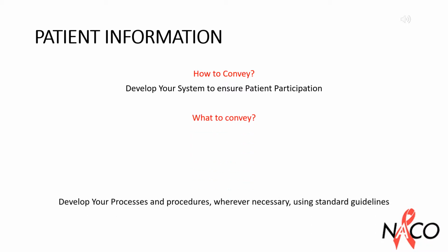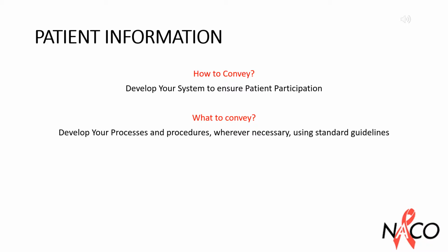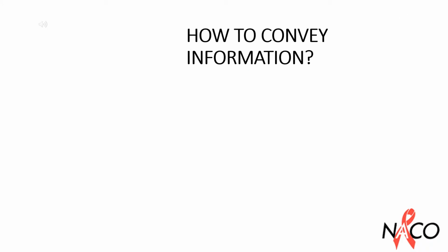How to convey patient information? The laboratory has to develop its own system to ensure patient participation. What to convey? The laboratory has to develop its own processes and procedures wherever necessary using standard guidelines. How to convey patient information?